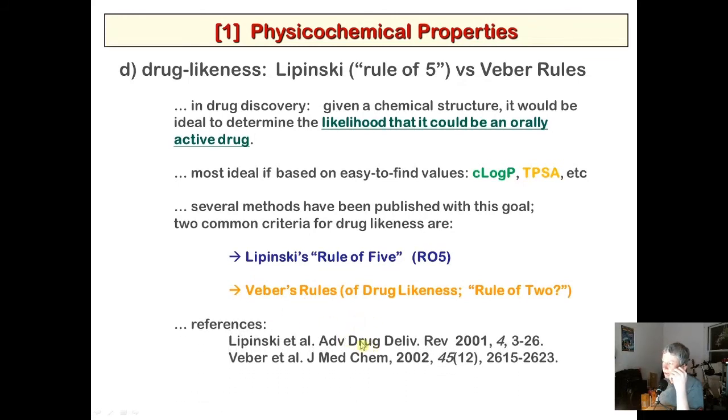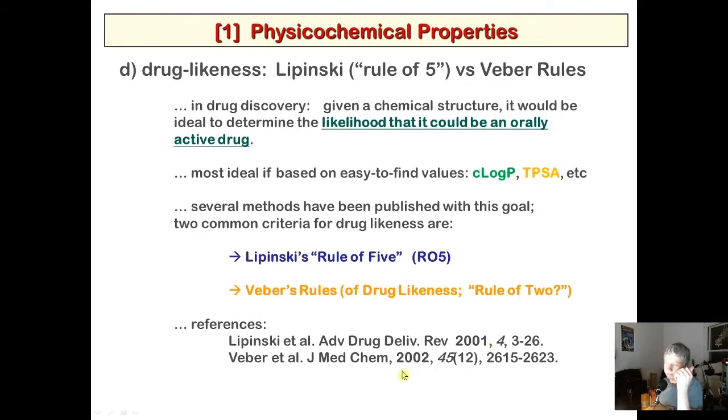These are classical papers on these topics. Lipinski, 2001, I think it might be Pfizer where he worked, proposed these rules in 2001. Weber was another major medicinal chemist, and he proposed his own set of rules in J Med Chem 2002.